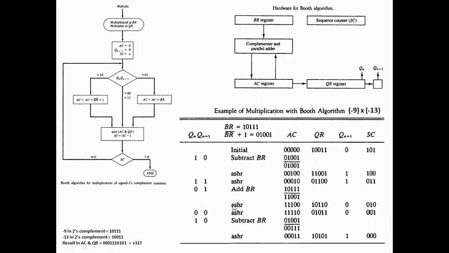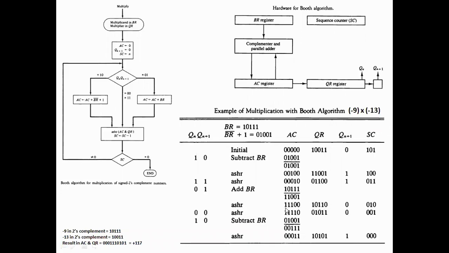Then the flowchart says do an arithmetic right shift. So I will shift AC and this QR to the right. Here we can see that after shifting, this first one has come here, the second one is here, 0 0 is here, and this one is here, and so on.